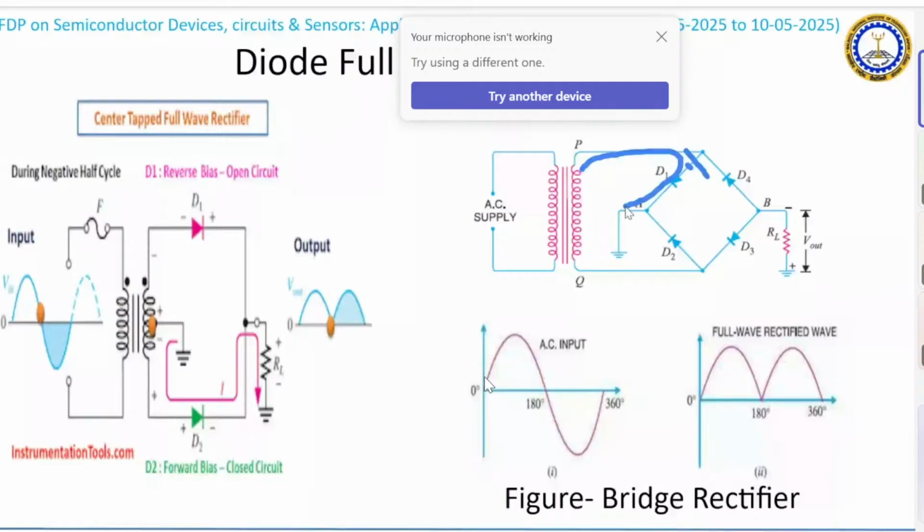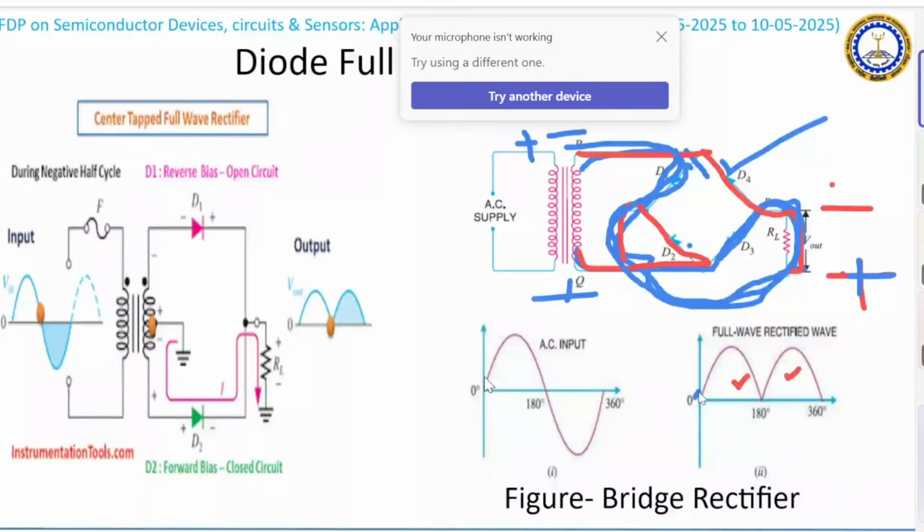As I told you, every time there is a V gamma voltage drop. So V gamma and V gamma, how much do you have? The difference over here is twice V gamma. There are two diodes, so V in minus twice V gamma. This is what we will have at the output, because there are two diodes.